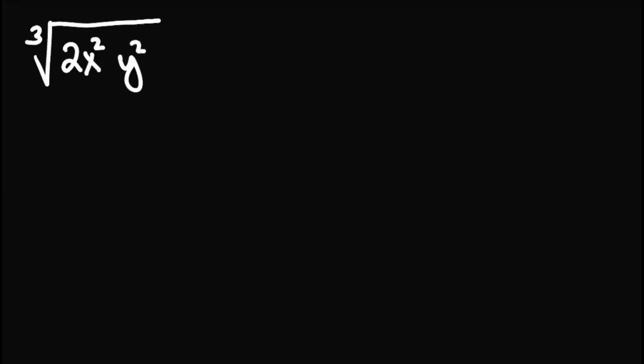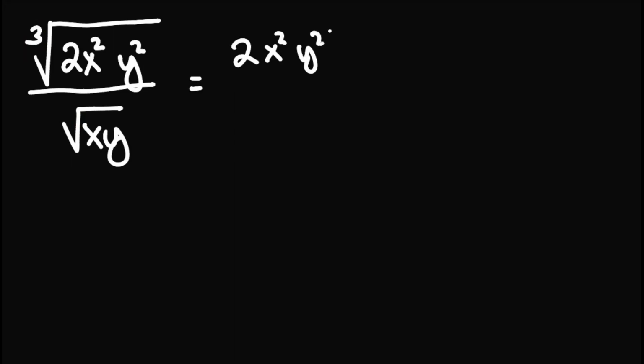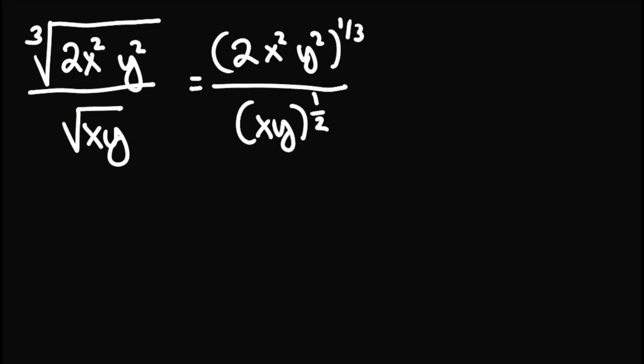Let's try out this one last example. Let's have the cube root of 2x squared y squared over the square root of xy. So again, the indices are different. So again, we write this one as 2x squared y squared raised to 1 over 3 all over xy raised to 1/2.